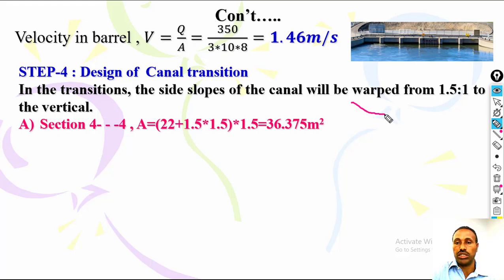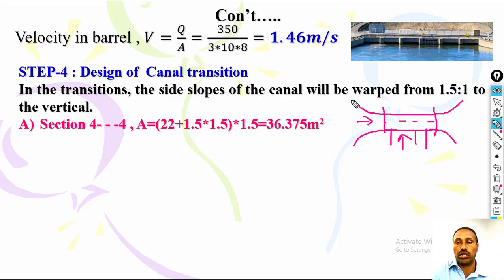You have the transition, then the flume portion up to here, then the expanding transition. Water is going, the canal is here, the drainage is this one, and the flood is below this. So this is the canal, and you have two compartments. Then in the transition, the side slope of the canal will be warped from 1.5 to vertical.